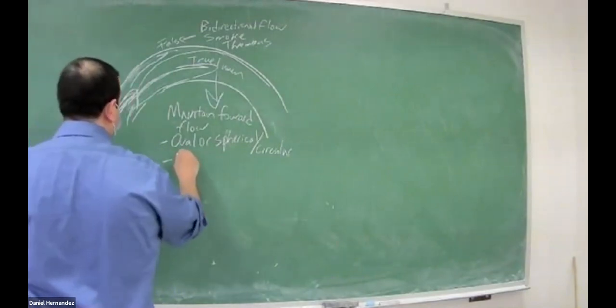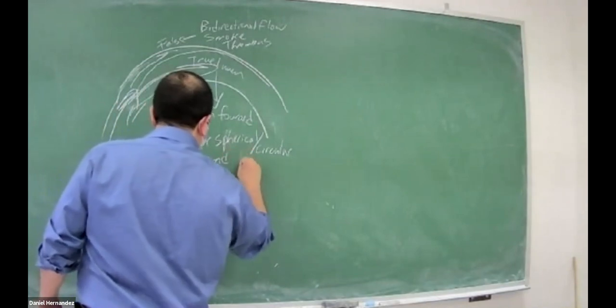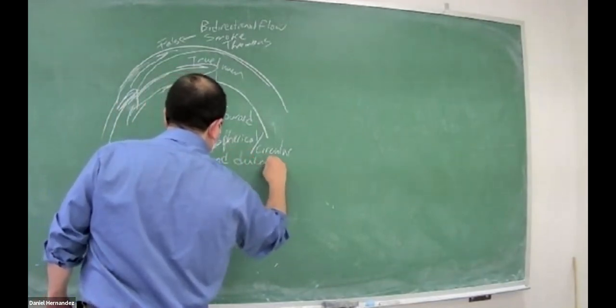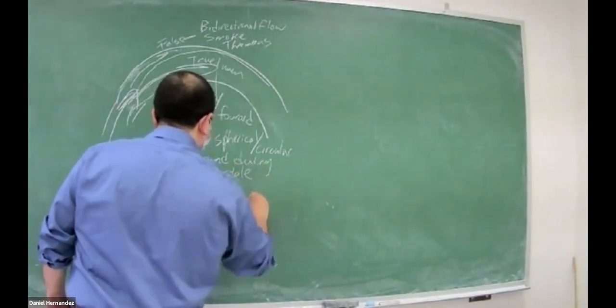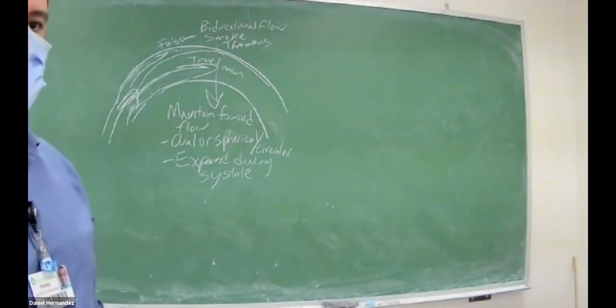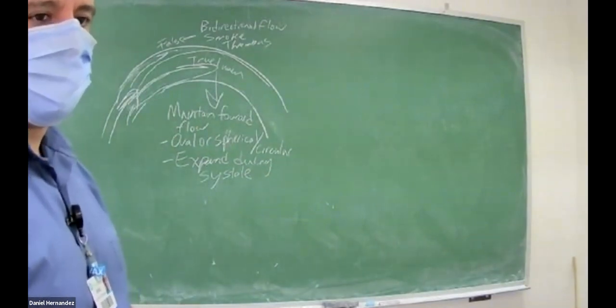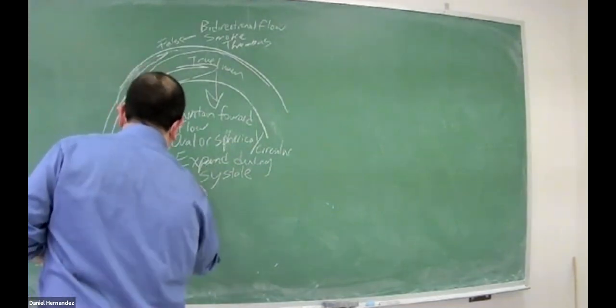The true lumen will expand during systole. It's usually the larger of the two.